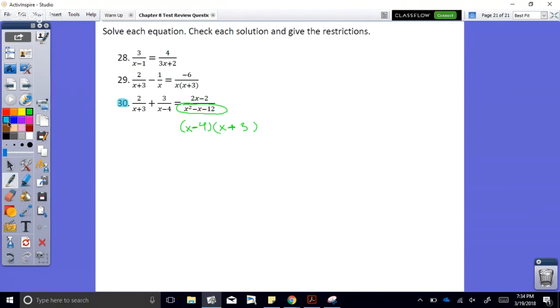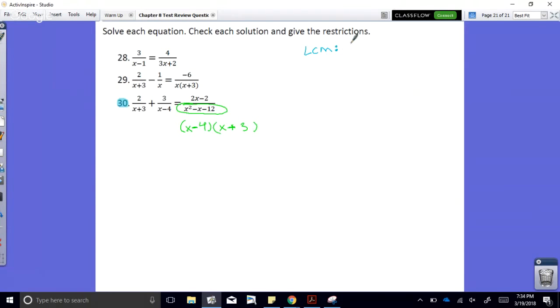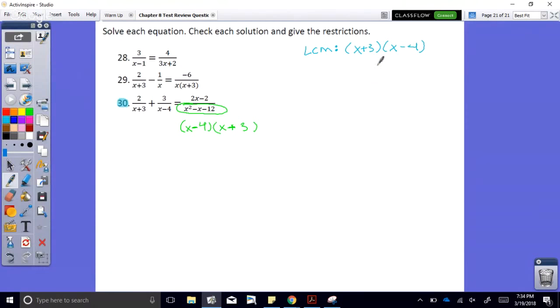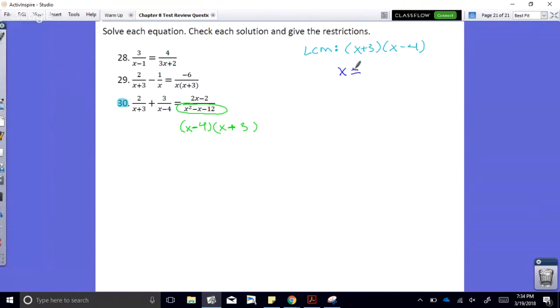And we're then going to use factored form to find the LCM of denominators. So we have an x plus 3 and an x minus 4. Denominators will tell us what x cannot be. So the x plus 3 says that x cannot be negative 3, and the minus 4 says that x cannot be 4.